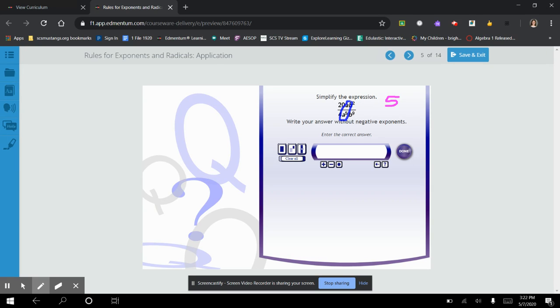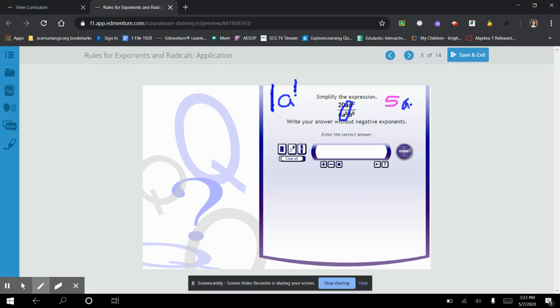So here I have a divided by a to the 5th. Remember, whenever you're looking at variables, just like it's kind of understood that we have a 1 in front of an a, it's also understood that for an exponent, if there isn't one written, it has a value of 1. So this is 1a to the 1st power. So because those two bases are being divided, we can take those exponents and subtract them.